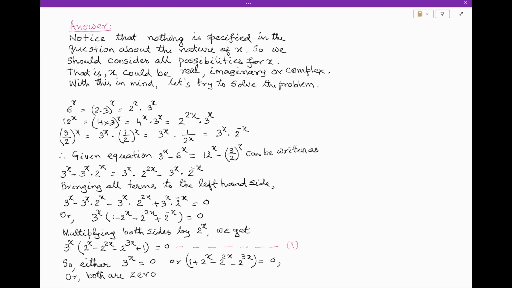Now 6 to the power of x is equal to 2 multiplied by 3 whole to the power of x, that is 2 to the power of x multiplied by 3 to the power of x.